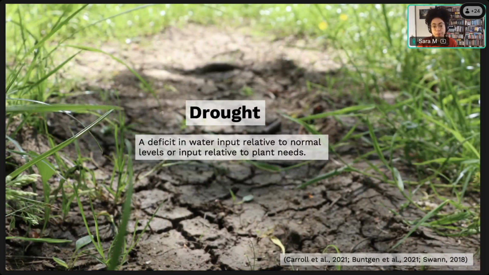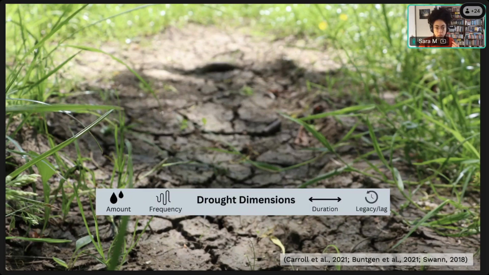We also tend to think of just the amount of rainfall in terms of drought, but actually there are other important dimensions of drought, such as frequency and how long that drought lasts, and also legacy effects, the time aspect of droughts.